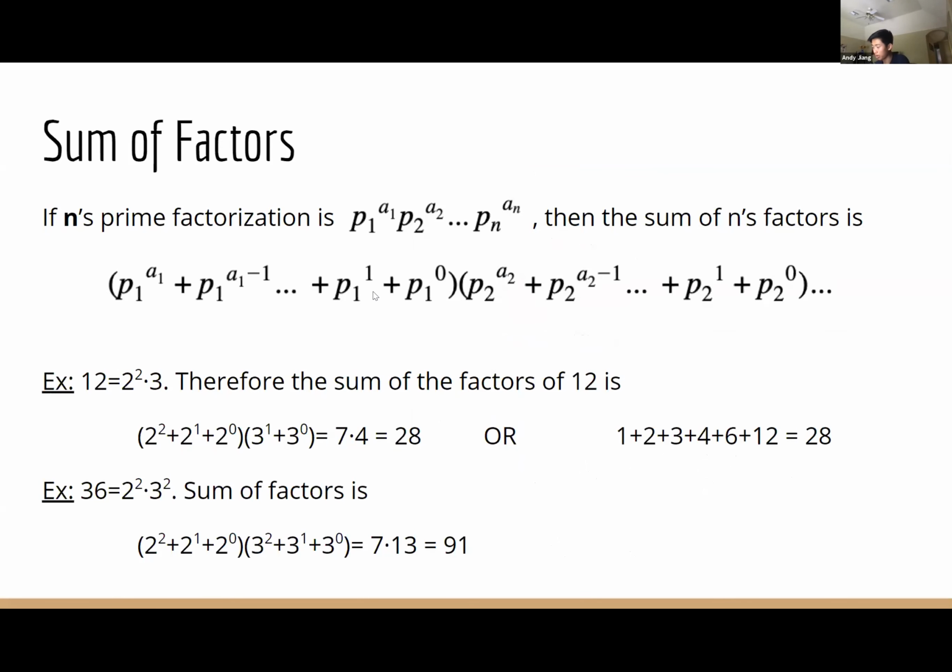And essentially what we're doing here by writing out the sum as this is we can choose an exponent for P1. We can choose an exponent for P2, and so on. And that's basically what we're doing by multiplying all these terms together. We're basically only choosing one exponent. That was kind of confusing.